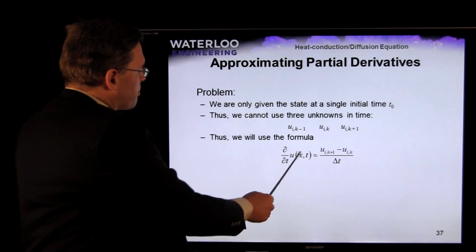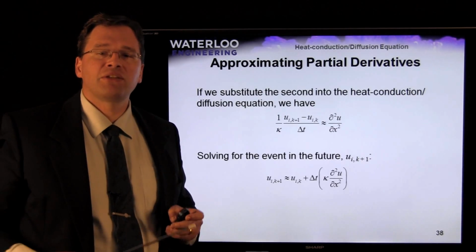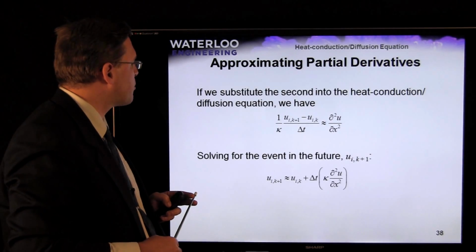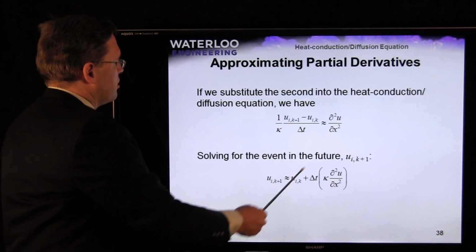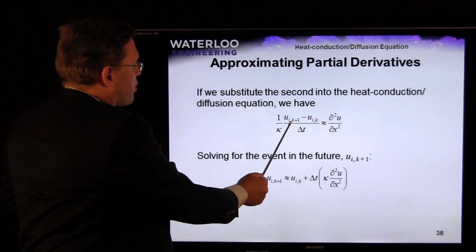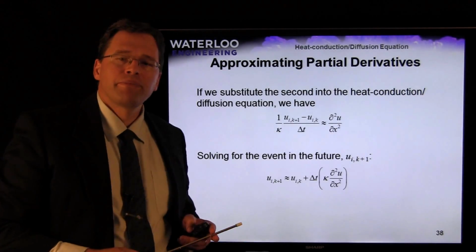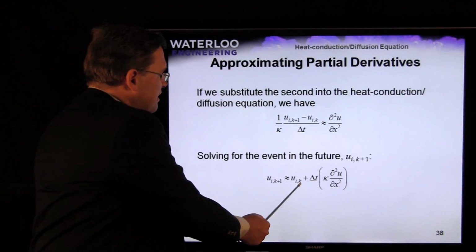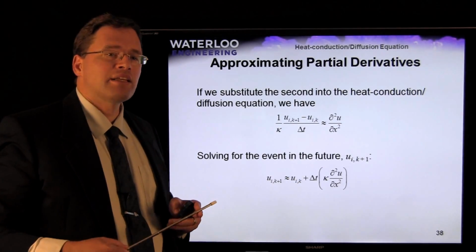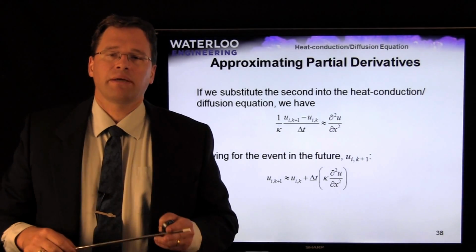So we're going to approximate the rate of change over time by this formula. Let's substitute that into our heat conduction diffusion equation, and we do so to get this. And solving for the state in the future, we get that the state in the future is equal to the state u sub i k plus delta t times kappa times the concavity.